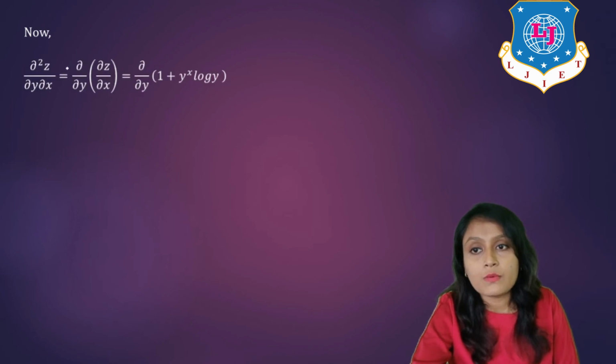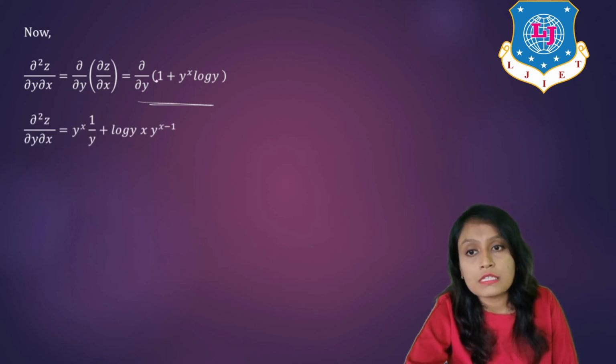Okay, next we will find del square z by del y del x, that is del by del y of del z by del x. Okay, so del z by del x is 1 plus y raised to x into log y. Now we have to take derivative of this term with respect to y, keeping x as a constant. So firstly the derivative of 1 is 0. Here we have to apply the uv rule, right?